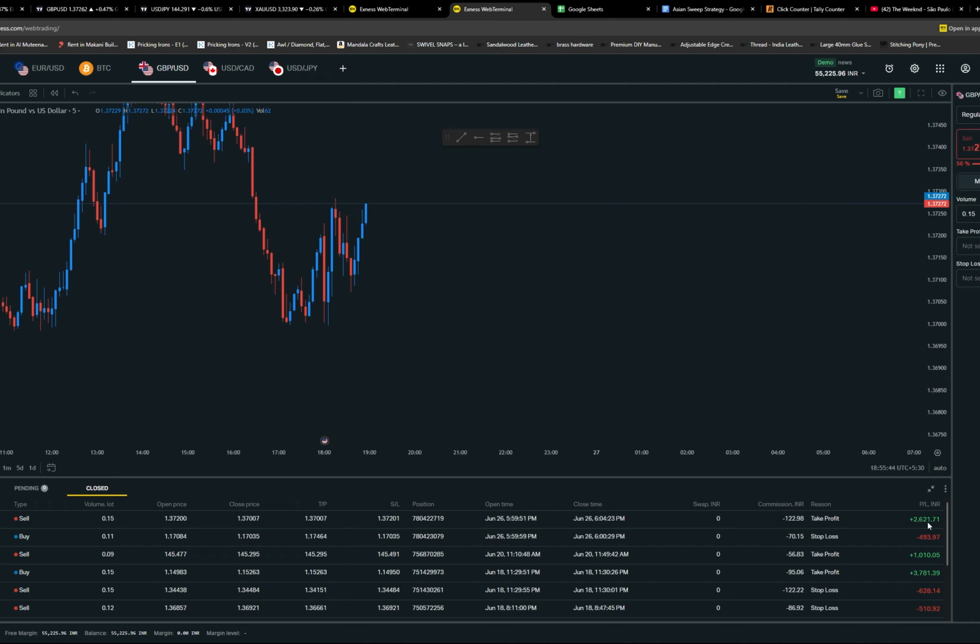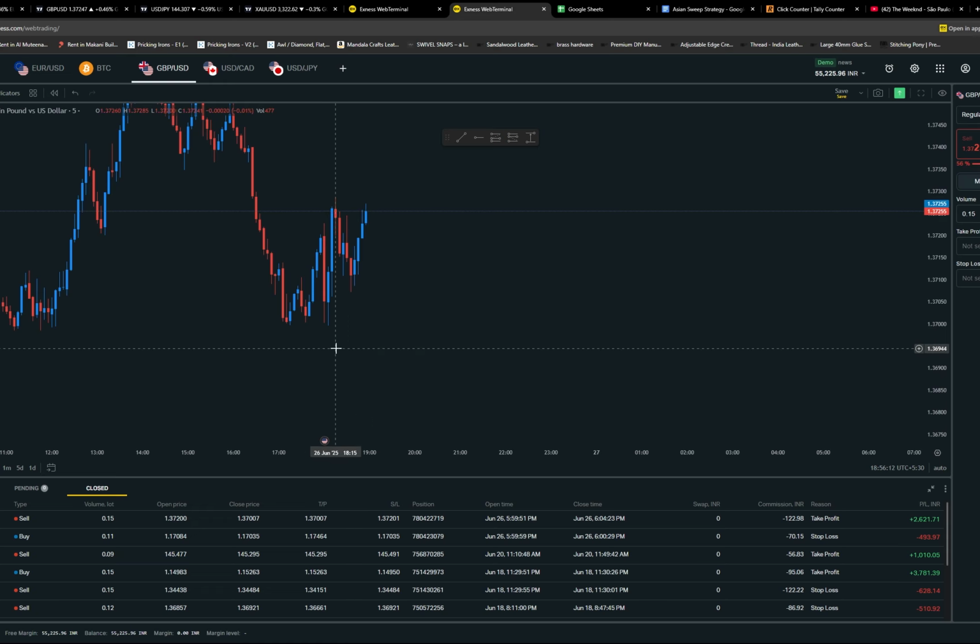What we do is we take long positions in Euro USD and short in GBP USD or whichever, and then target 1:5 or 1:6 in huge news events, and 1:4 or 1:3 in smaller events.